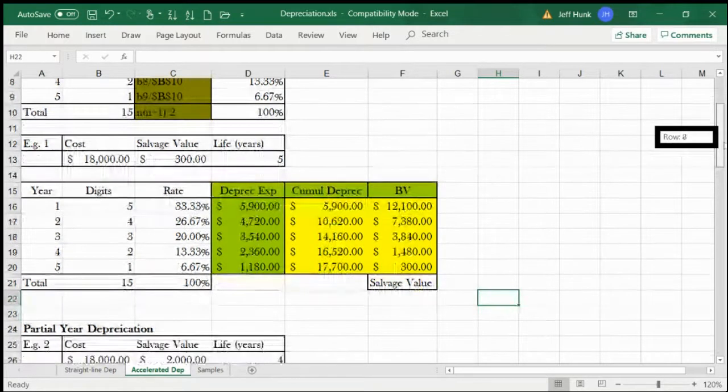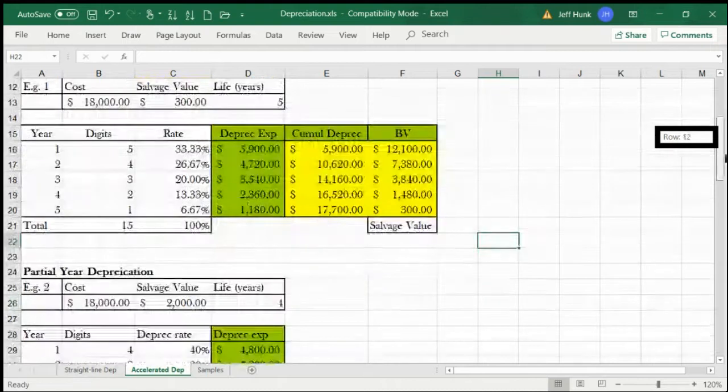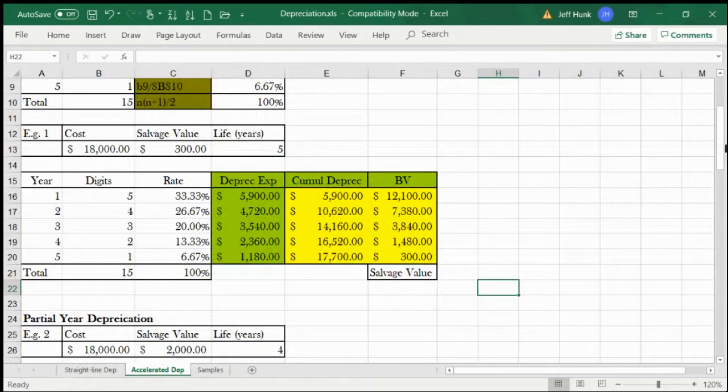So next is, as I said before, in every case of depreciation, partial year is a recurring problem. Why? Because there's no guarantee that you buy the asset on January 1st.